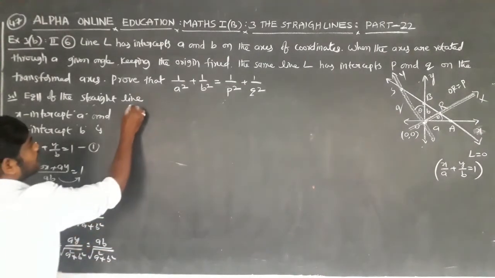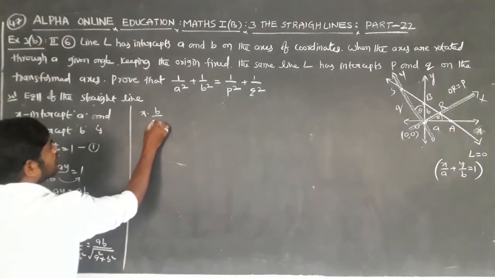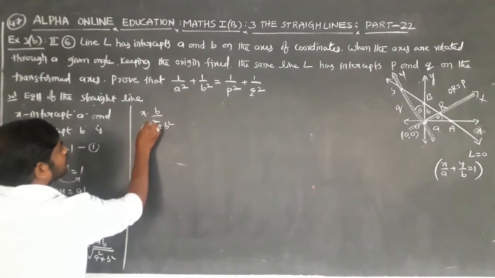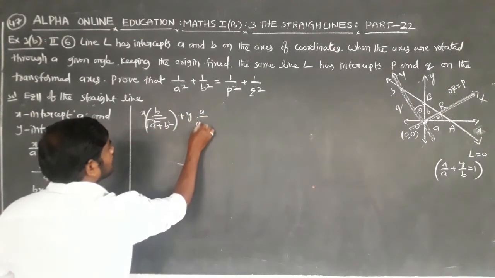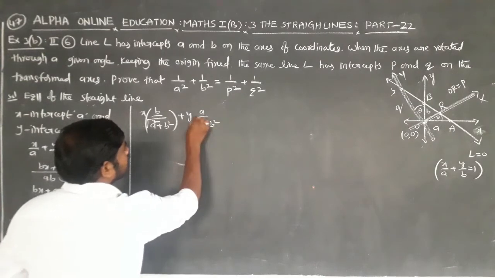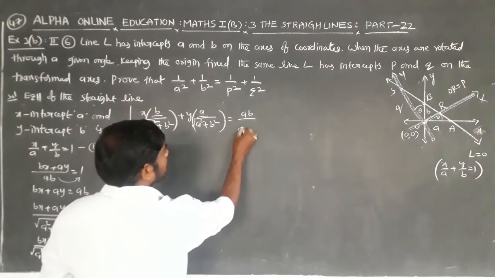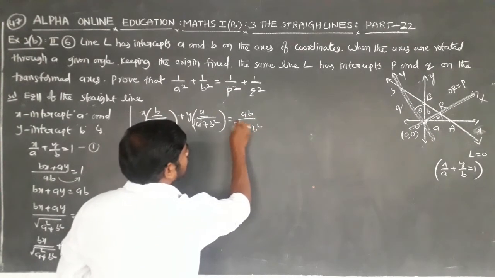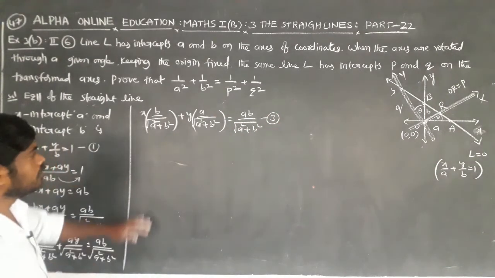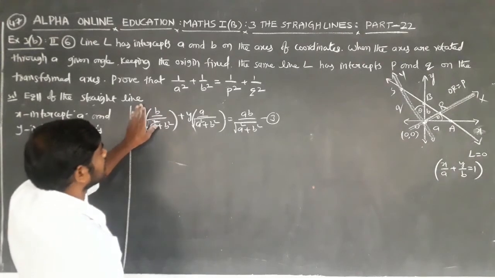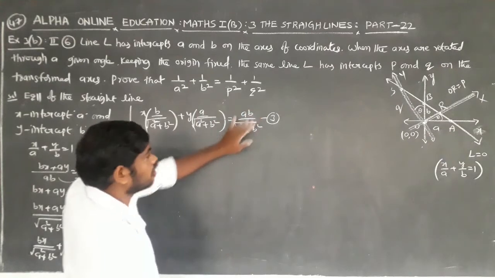It can be written in the order: x into b by root of a square plus b square plus y into a by root of a square plus b square is equal to ab by root of a square plus b square. This is of the form x cos alpha plus y sin alpha is equal to p.